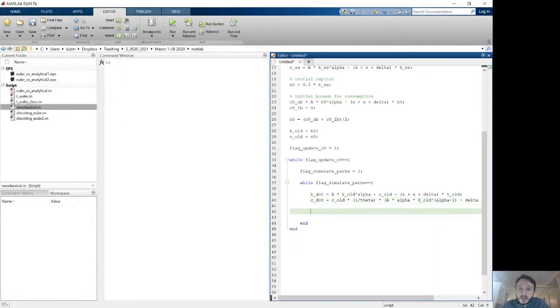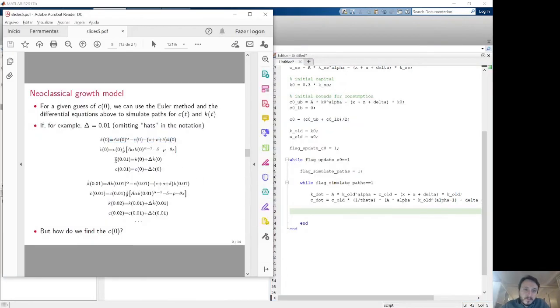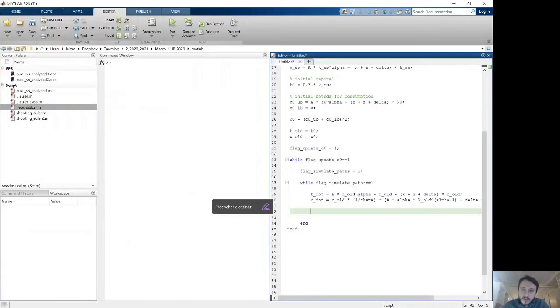Okay, this is k dot and c dot, and with this we can calculate the new paths of capital and consumption. So k new is equal to k ode plus delta times k dot, and same thing for consumption here. Okay, done.